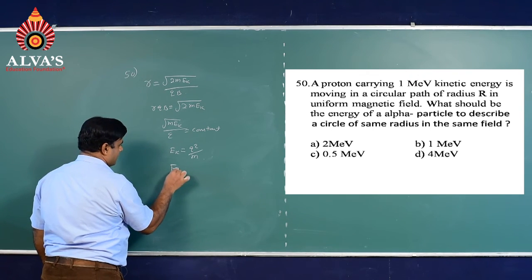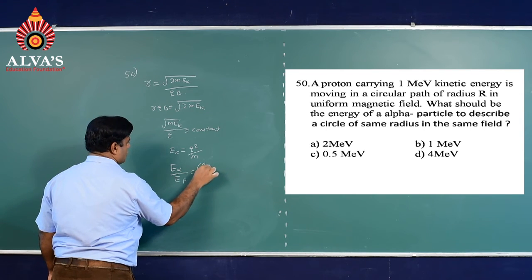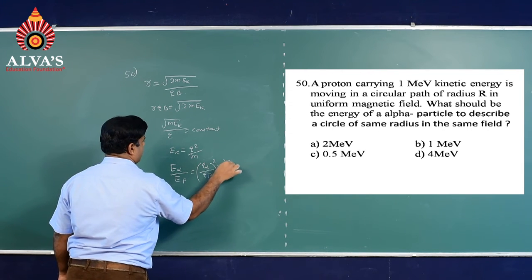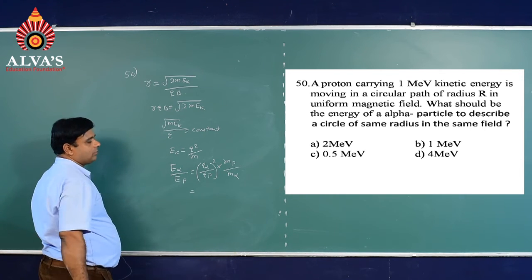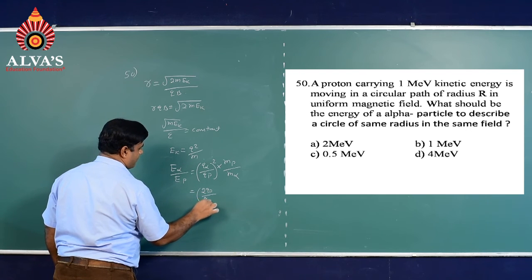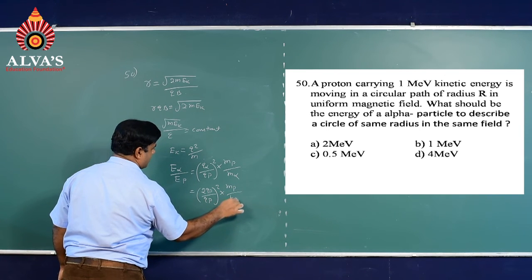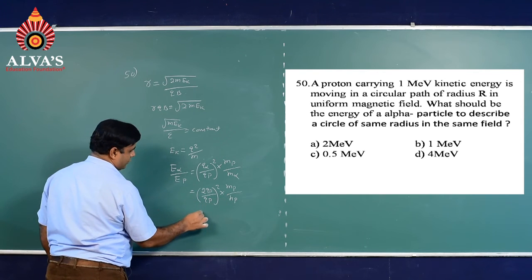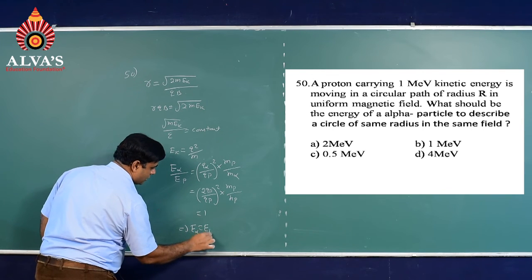Therefore, energy of alpha by energy of proton is q alpha by q proton square into m proton by m alpha, which is equal to: charge of alpha is twice the proton, mass of alpha is 4 times the proton. 2 square is 4, goes with 4, 1, implies E alpha equal to E proton.